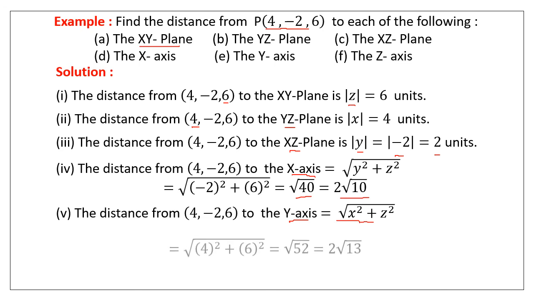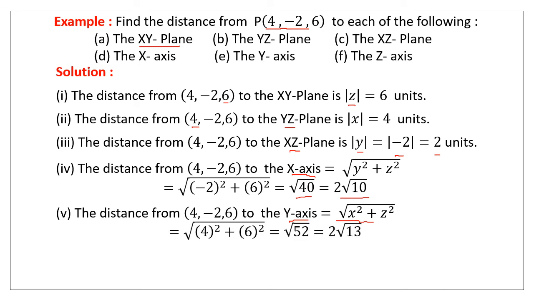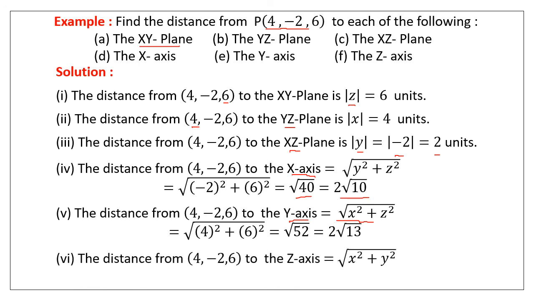Substitute x and z values, so we will get 2 root 13. And the distance of the point to the z-axis equals under root x square plus y square. Substitute the values of x and y, and we will get 2 root 5. Such examples are asked as MCQ type.